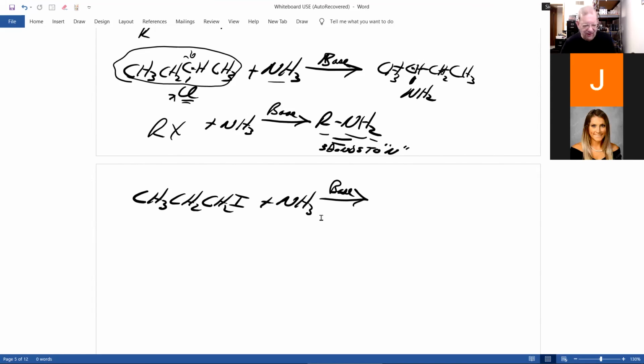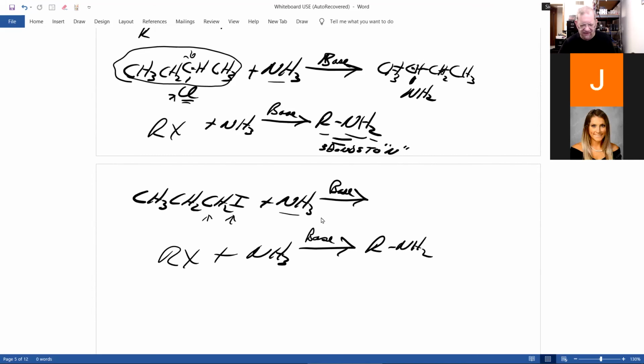All right, let's take a look at this. What's different? What's not carbon, hydrogen? Halogen on a carbon, alkyl halide, plus ammonia. Reacting with base, what you get is a primary amine. What's my R group?